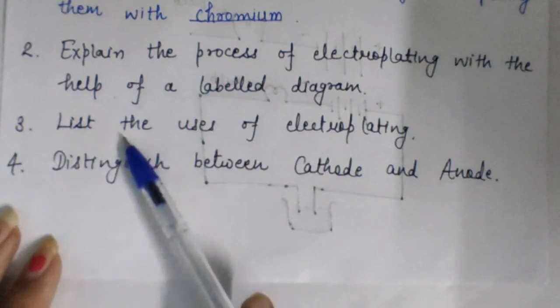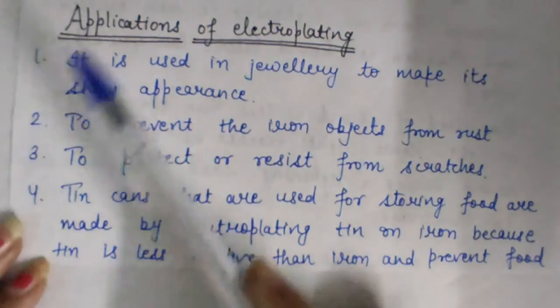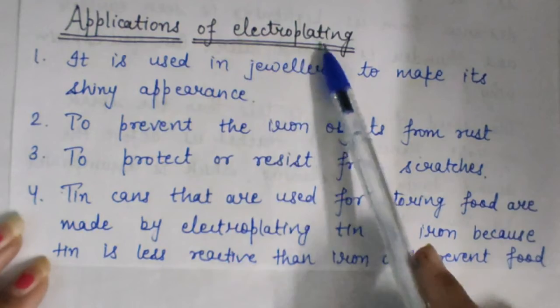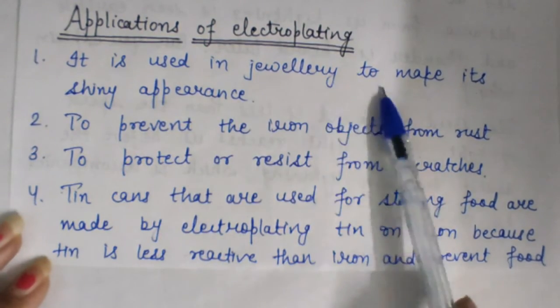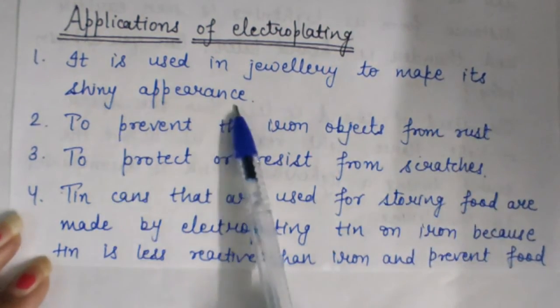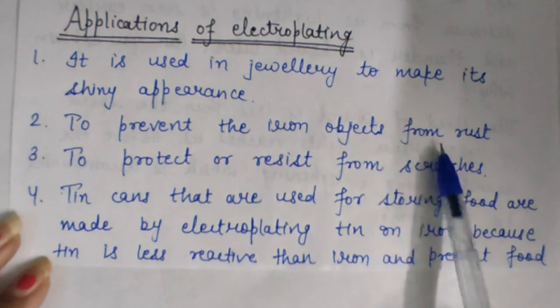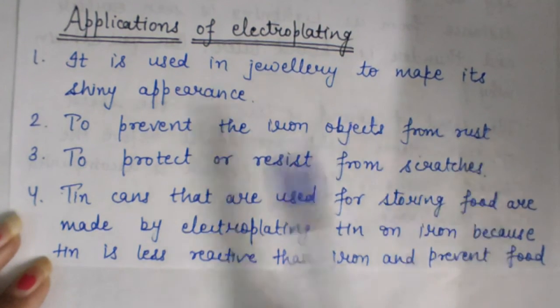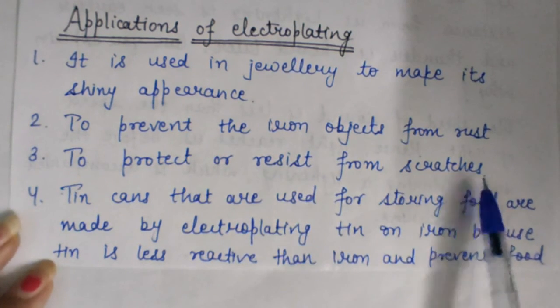Question number 3: list the uses of electroplating. The uses or applications of electroplating are: it is used in jewelry to give a shiny appearance, to prevent iron objects from rust, and to protect or resist from scratches.